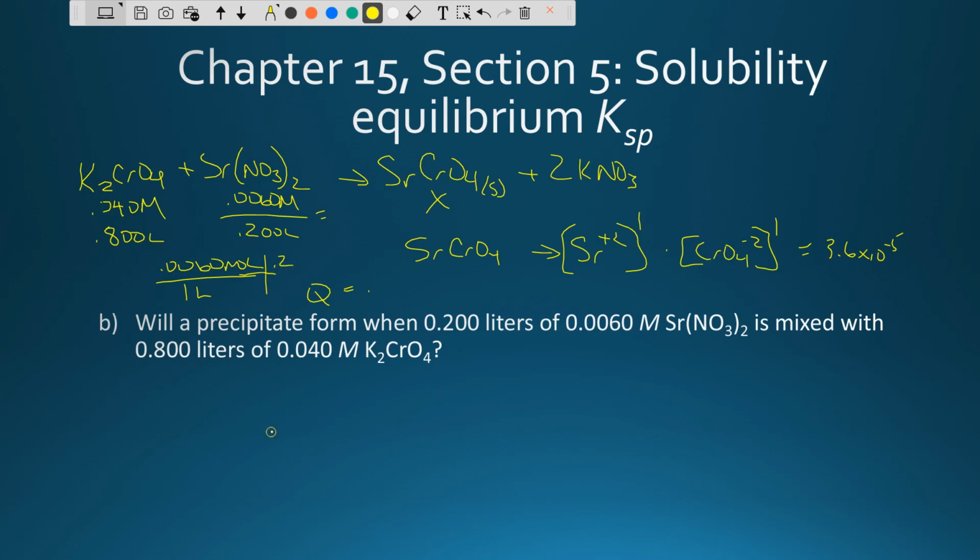I had 0.2, okay? And so I'm going to be adding in there 0.0012 moles of the solution, and since it's a 1-to-1 ratio, I don't have to worry about that.